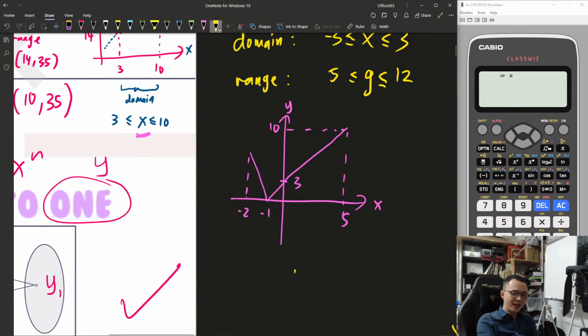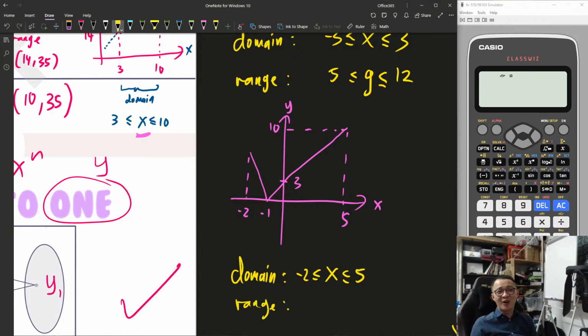So if today I want to write my domain, I want to see my whole graph is between -2 to 5. It's quite easy for domain. But for range, you can see my whole graph over here. A lot of students see, oh, let's say this is h(x), I say my h is between 3 to 10.